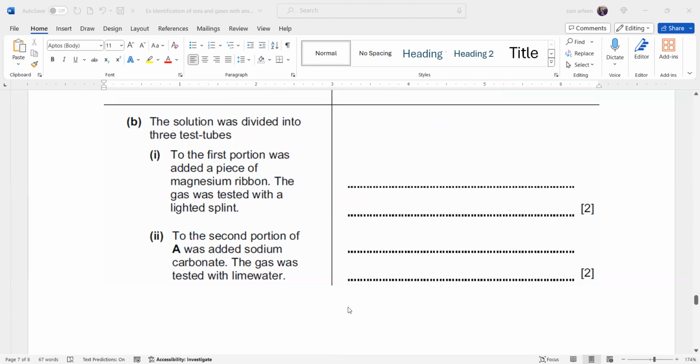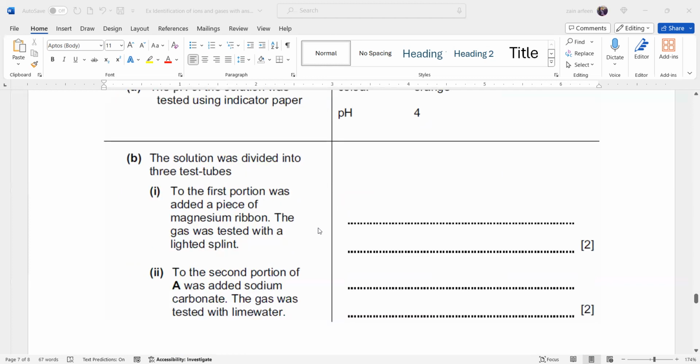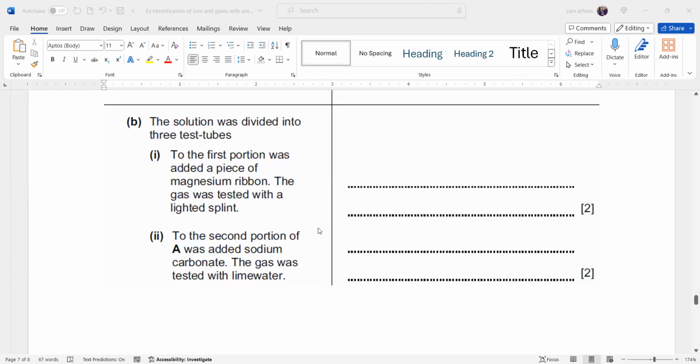Now, the solution was divided into 3 test tubes. To the first portion was added a piece of magnesium ribbon. It's like a magnesium metal. So we add magnesium metal to acid. What will be the product? It will be salt plus hydrogen. The gas was tested with a lighted splint.